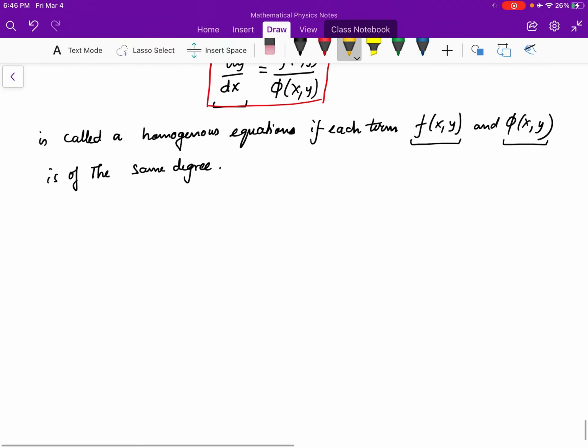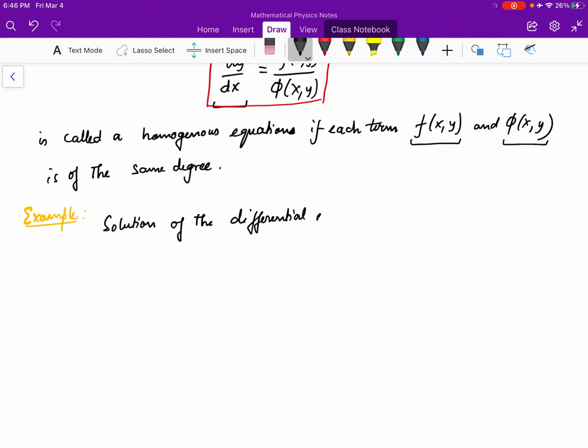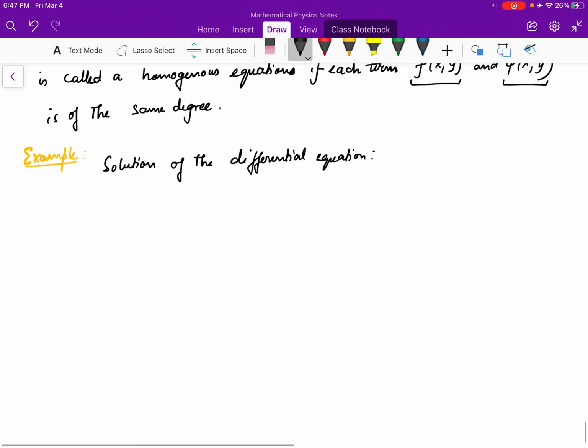In order to understand this better, let's do an example to demonstrate what a homogeneous equation really means. Let's say we want to find the solution of the differential equation, and we make an attempt to write it in a form which is not quite obvious at this point, but then we will rearrange it and see that this is how homogeneous equations are written.